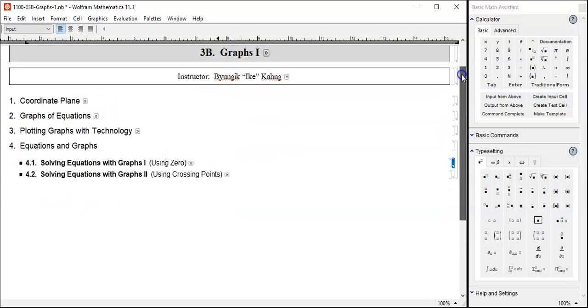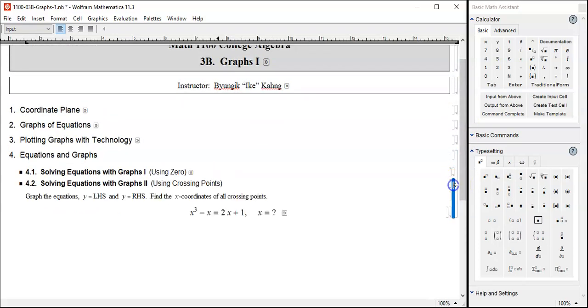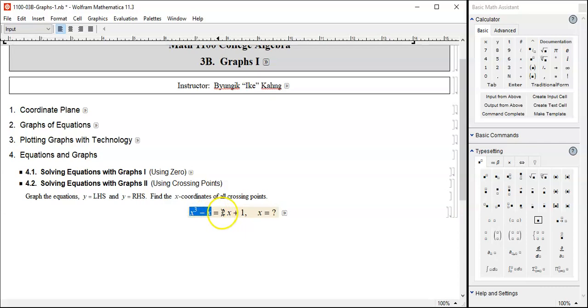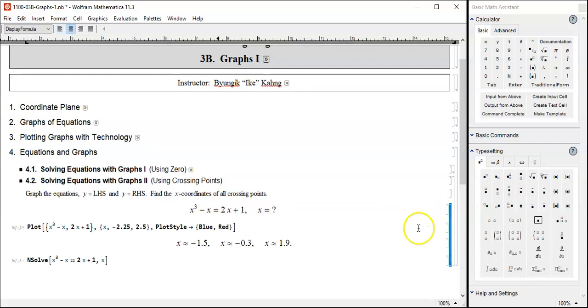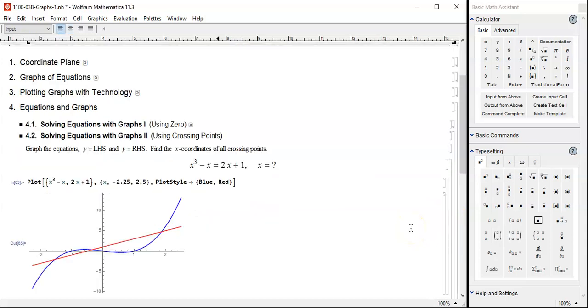Here's another way to handle the equation problem using crossing points. So produce two graphs. y equals something, y equals something. Produce two graphs. Kind of like this. This is by Mathematica, but I can go to Desmos and do the same thing as well.